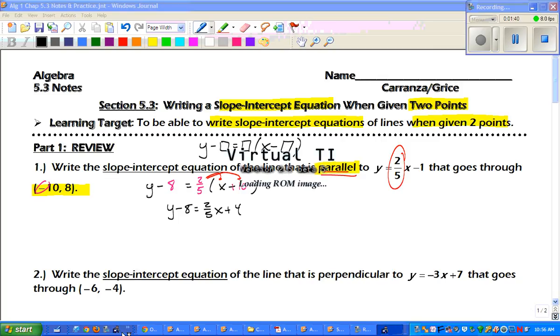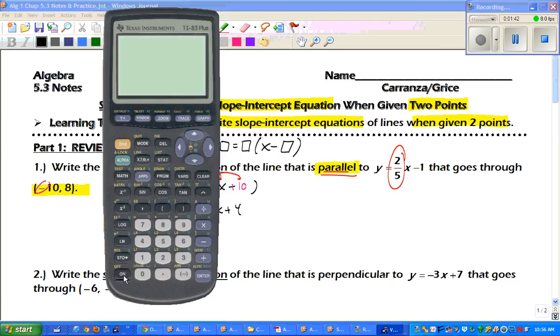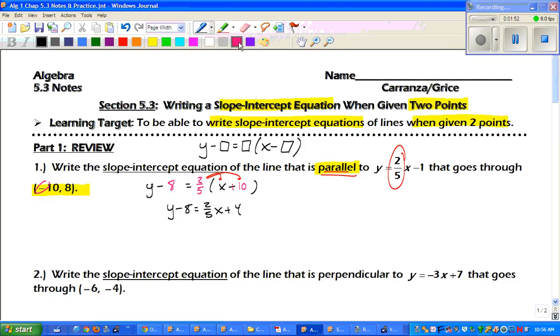Now, in your calculators, mine's going to be just a little bit different, but I'm multiplying 2/5 times 10, okay? Now to get the y by itself, we add 8 to both sides, and you get y equals 2/5 x plus 12.